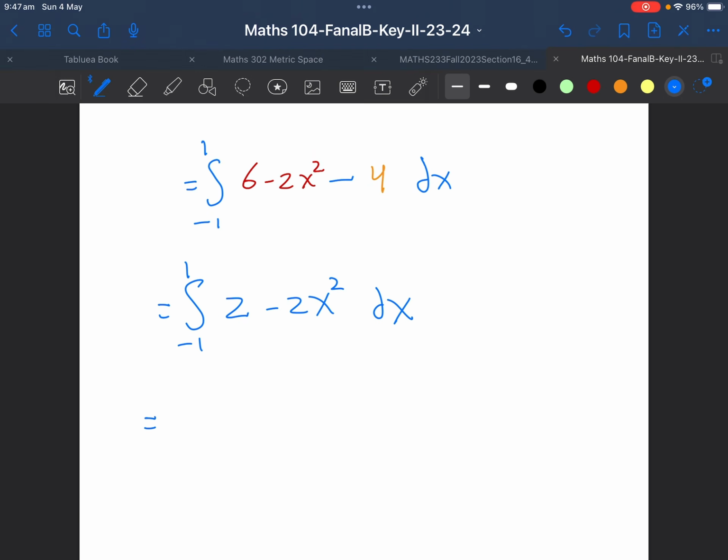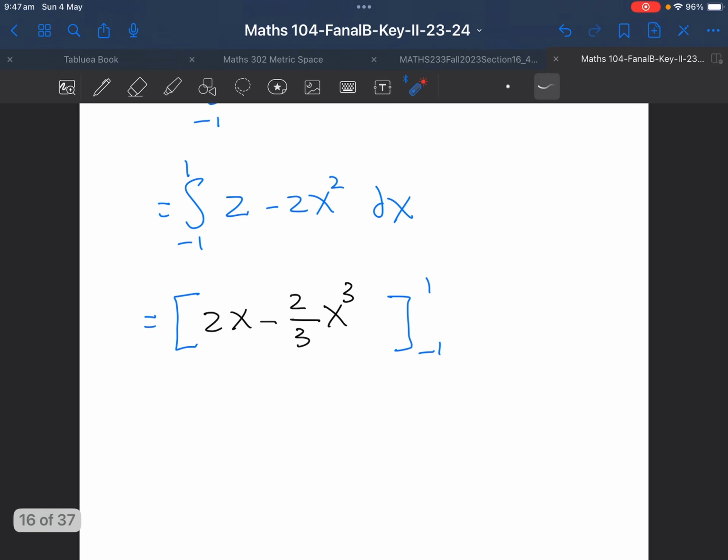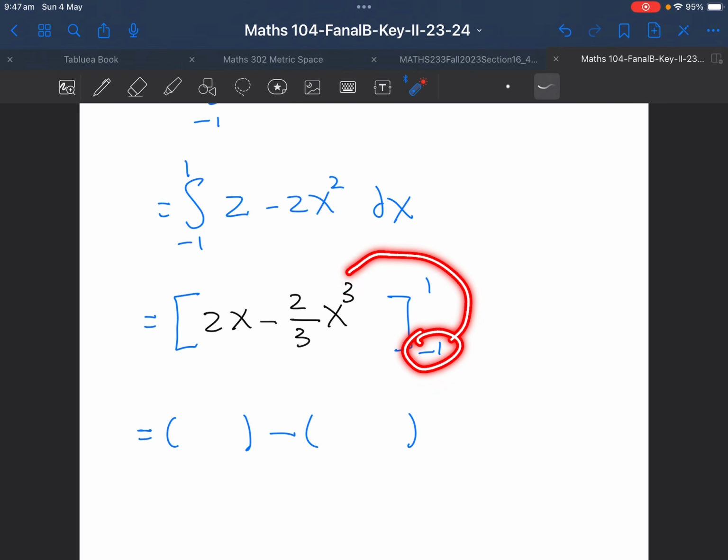And now we need to do the integration, and then we substitute from -1 to 1. If we do that, this would be 2x minus 2 times x cubed divided by 3. Now, with your calculator, substitute x equal to 1 and you will get an answer. Then do the same thing, substitute x equal to -1, and you will get another number.